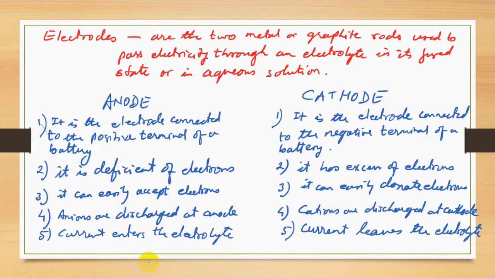So in case of anode, anions are oxidized here, and here cations gain electron. So cations are reduced. So at cathode, reduction is taking place, and at anode, oxidation is taking place.